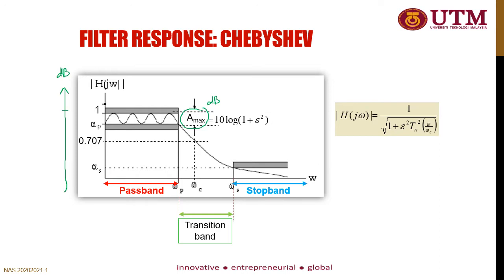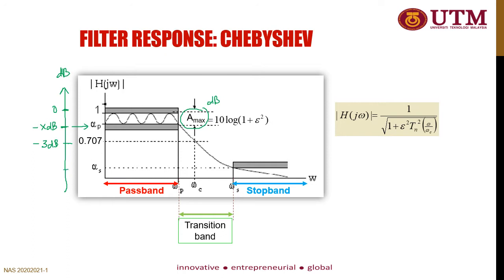If it is 1 in linear, it's 0 dB, and then alpha p, you have the gain in negative x dB for the passband gain. 0.707 is the cutoff area, so it's given by minus 3 dB. It's minus 3 dB from the maximum, and the maximum power is 0 dB.